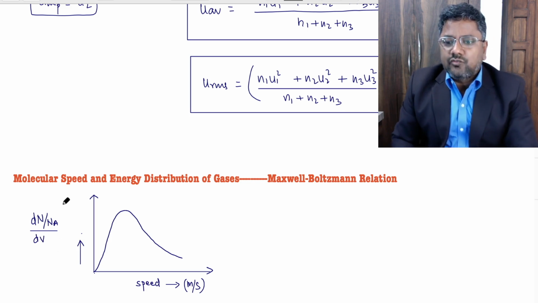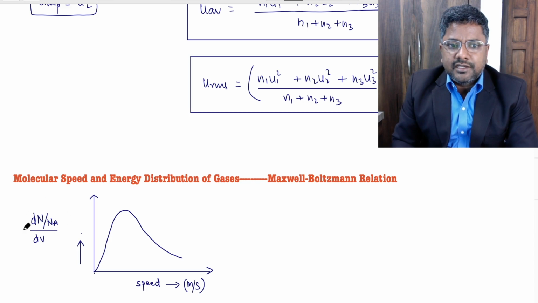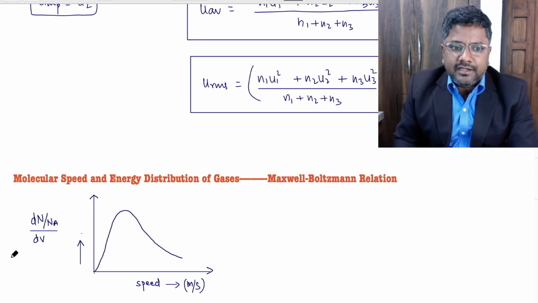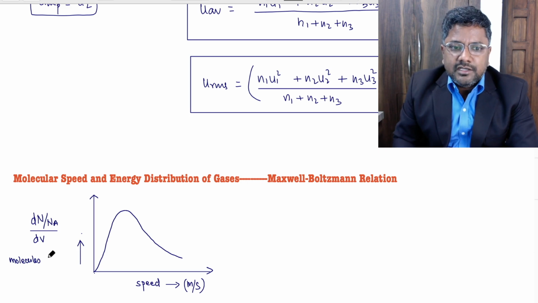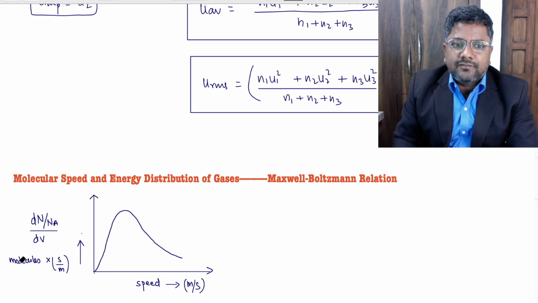Right? So what is the unit for this here? Unit for this is fraction of molecules, and more precisely fraction of molecules into second by meter, right? So this is the unit of this.